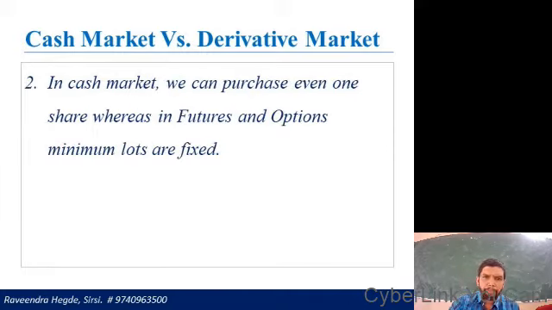Second difference, in cash market we can purchase even one share, whereas in futures and options minimum lots are fixed. You will come to know pretty soon about the minimum lots and all in the next topic when we are discussing about futures and options.